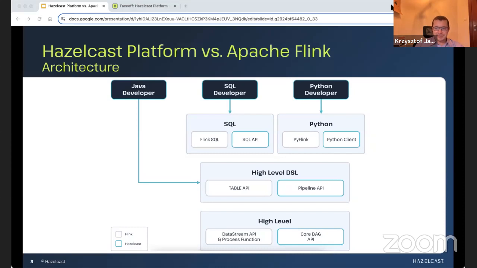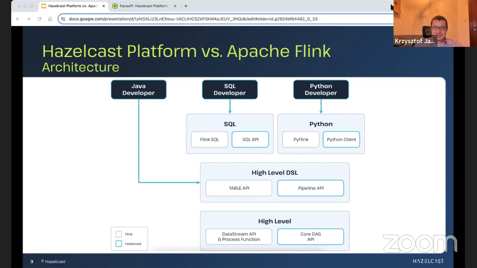So actually the Flink integration is a bit more powerful because you can even create your streaming jobs in Python. Currently in Hazelcast, you need to create your jobs in Java or in SQL. But apart from that, you can use both products from Python in a convenient way.